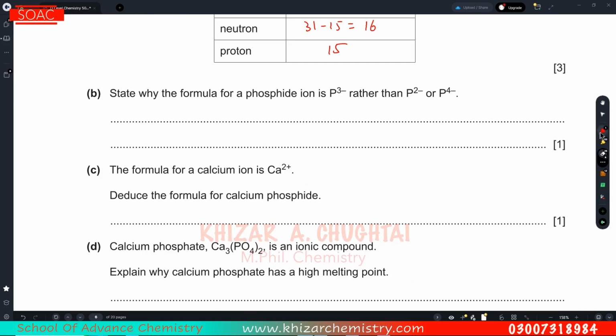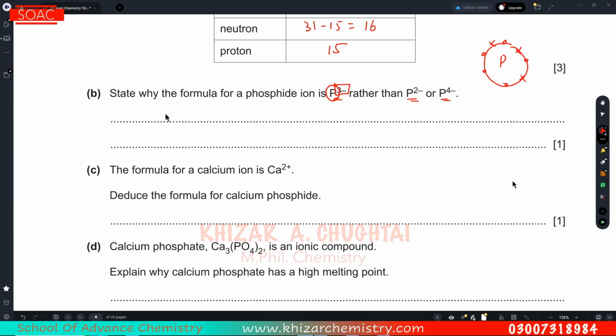Part B, state why the formula of phosphide ion is P3 negative ion rather than P2 negative and P4. Basically, phosphorus is a member of group 5 element. It is having 5 outermost electrons.